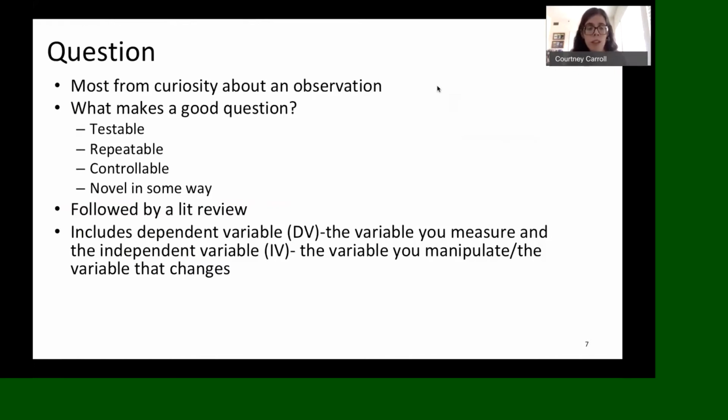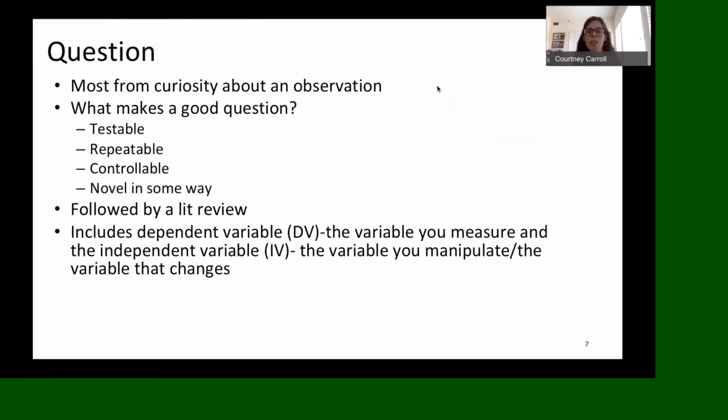It also wants to be something that you can repeat. So you don't want to study something or ask a question about a one-time event. You want to ask a question that you can repeat and test over and over again. A good question is controllable. A good question has an ability to just alter one variable as opposed to multiple variables. And it's novel in some way.